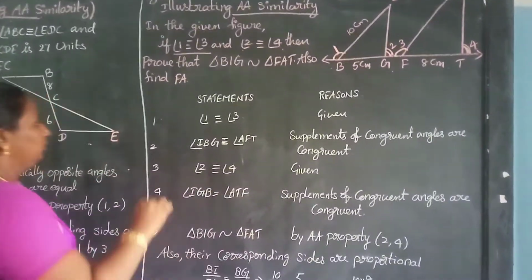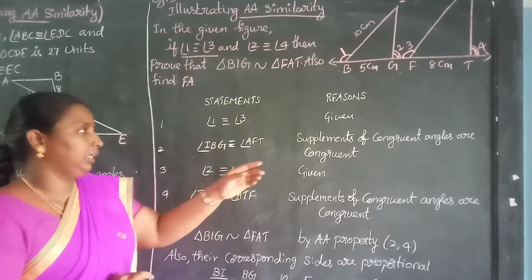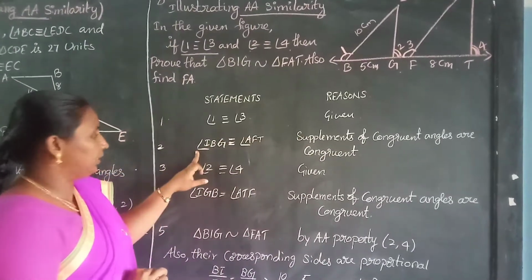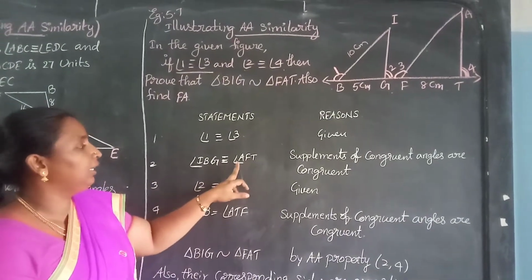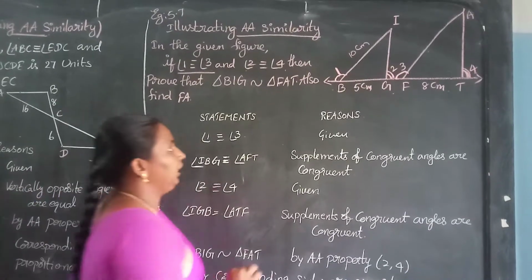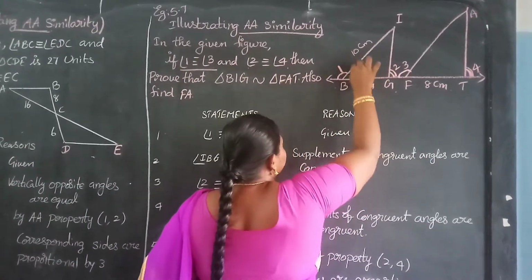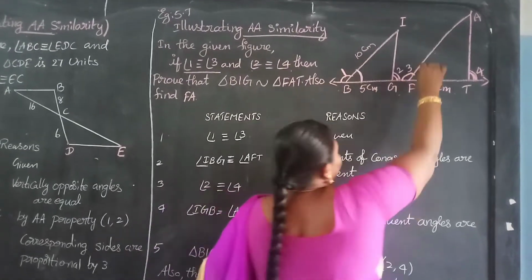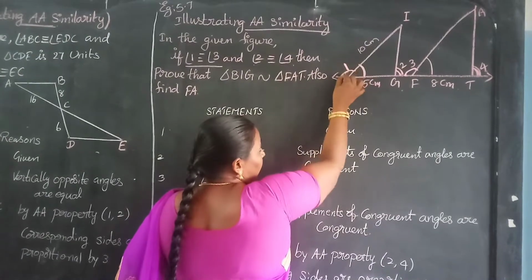See this. So first statement they given: angle 1 is congruent to angle 3. So angle IBG is congruent to angle AFT. How we are getting this? See, angle IBG, this angle, is equal to this angle, that is AFT.